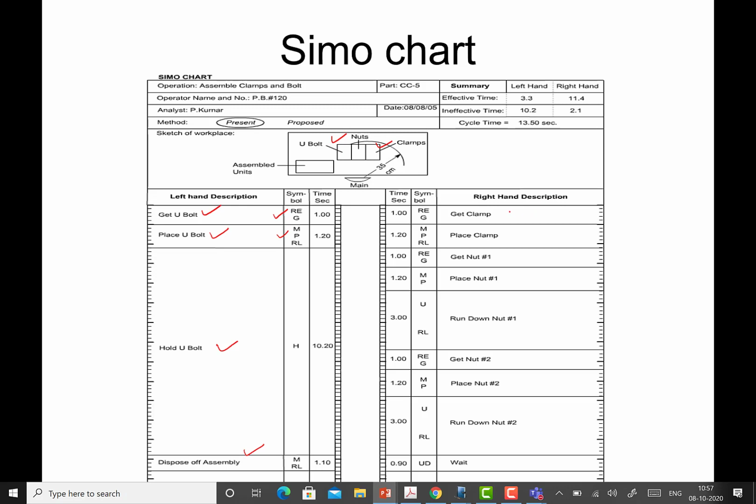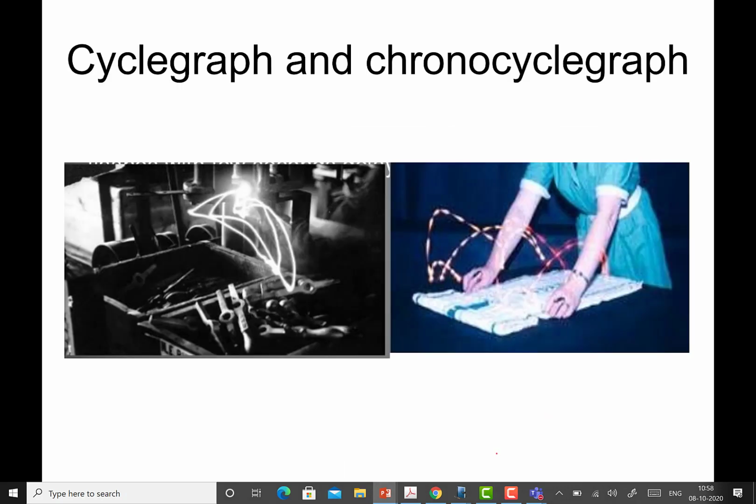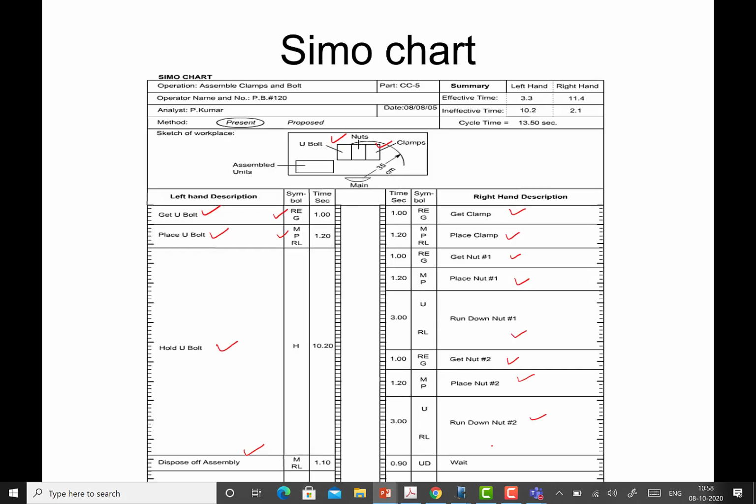What the right hand is doing: get the clamp, place the clamp, get nut 1, place nut 1, run down nut 1, get another nut, get nut 2, place nut 2, run down nut 2, and wait. So this is just a simple assembly of the U-bolt and clamp using the nuts.